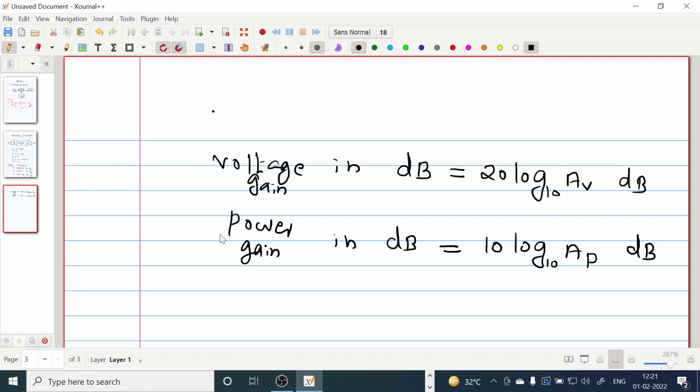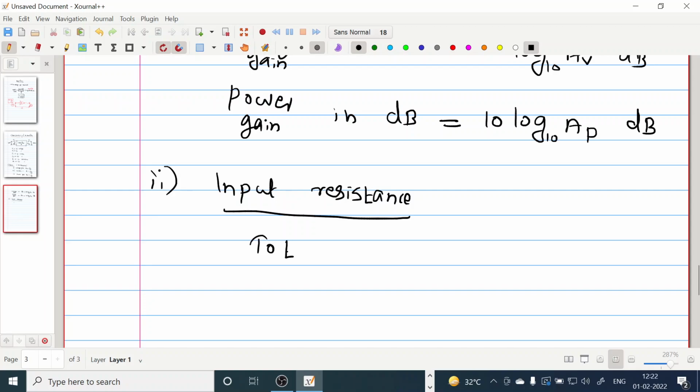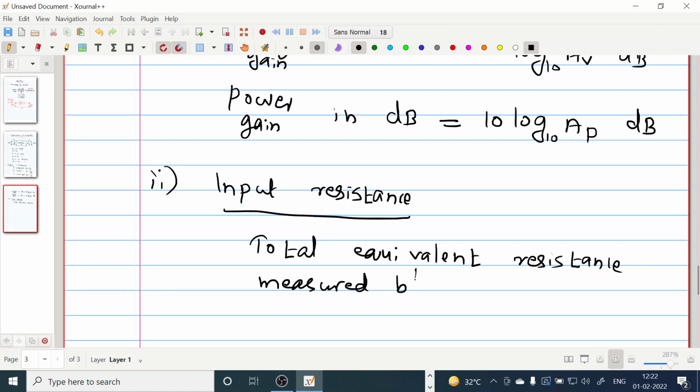Now the next parameter is the input resistance. Input resistance, it is the total equivalent resistance measured between the input terminals.